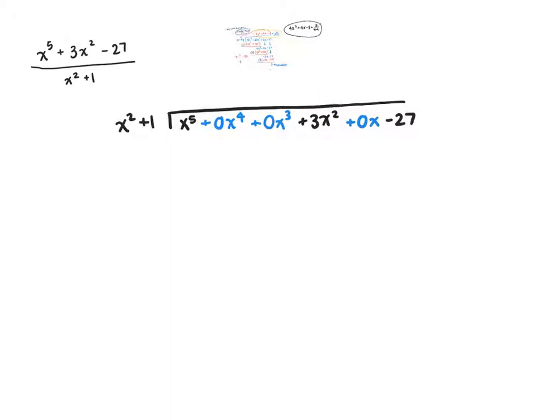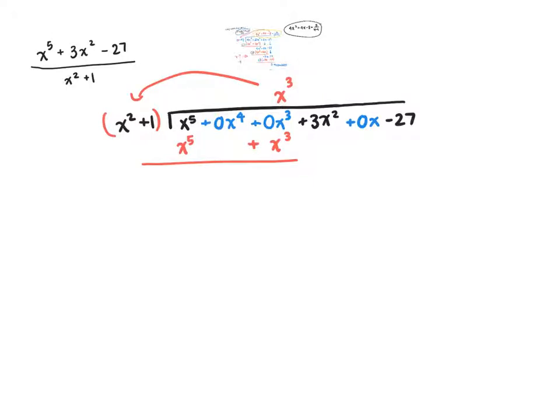So the same process happens. We think about x squared times what equals x to the fifth. And it turns out x to the third times x squared equals x to the fifth. So we do the same thing. We're going to multiply this by the binomial. X cubed times x to the second is x to the fifth. X cubed times 1 is x cubed.